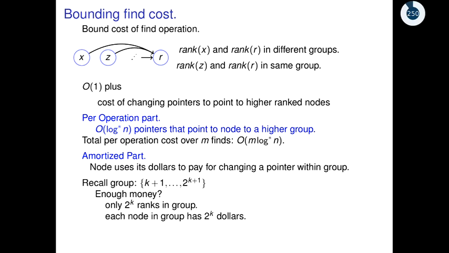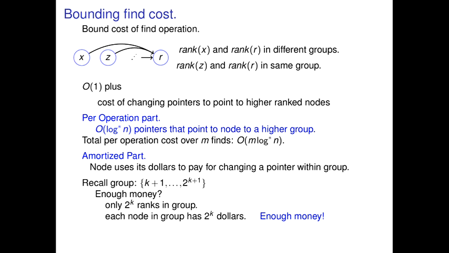Now each node in the group has 2 to the k dollars. That's how many dollars we gave each node in this group. So that's enough money. Everybody in this group had 2 to the k dollars, and you can only change the pointer inside the group 2 to the k plus 1 times. So let's say we're off by a factor of 2.